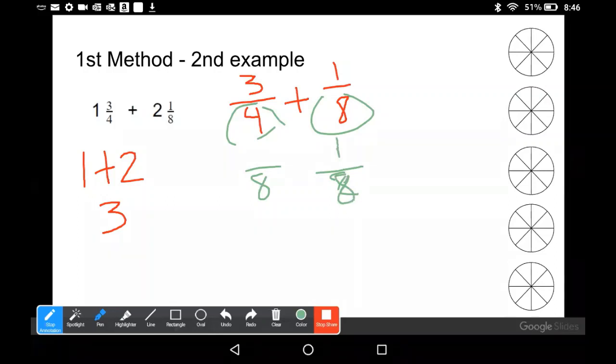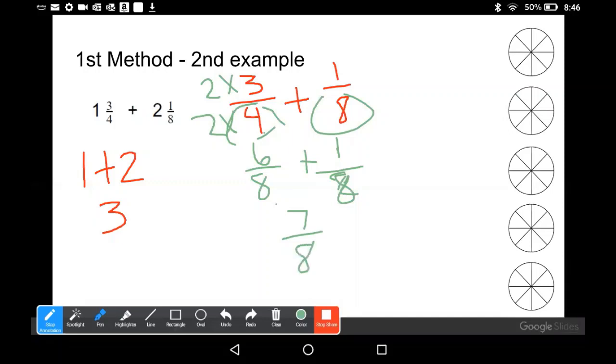I bring the 1 down because it's already with the 8, so I don't need to do anything there. I need to get this 4 into an 8. So 4 times what is 8? 2. If I multiply the denominator, I have to multiply the numerator. So I get 6. So 6/8 plus 1/8 is 7/8.